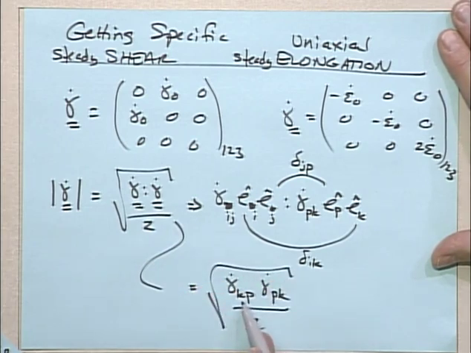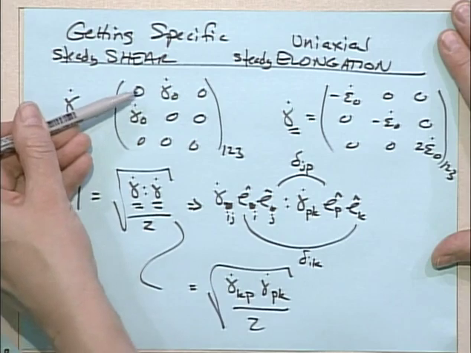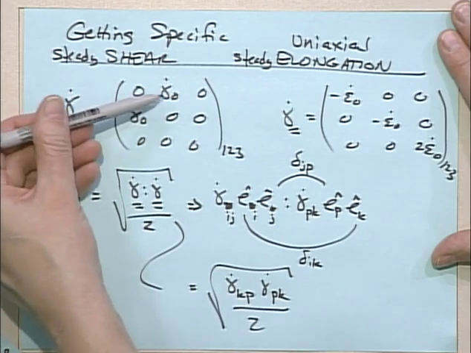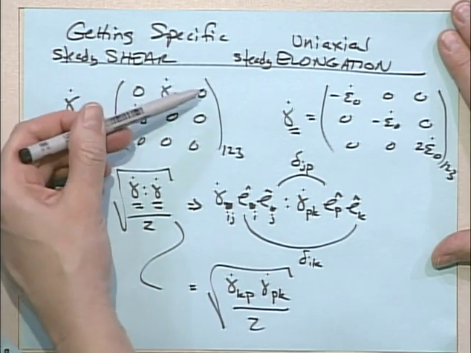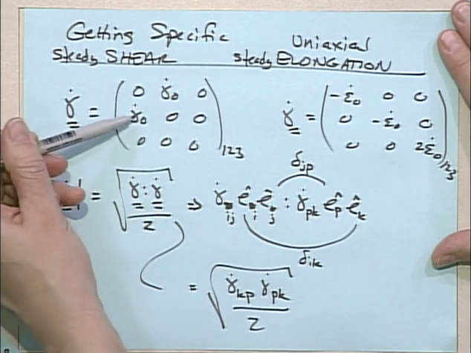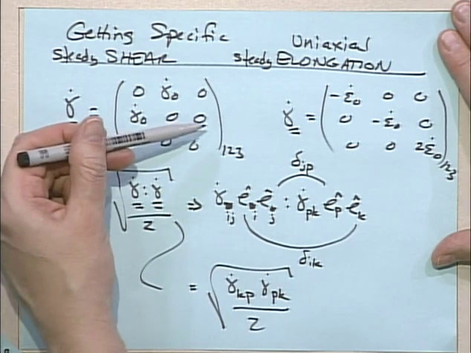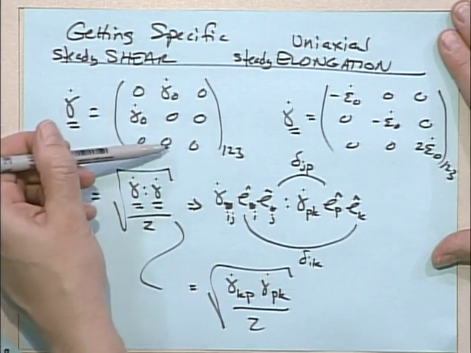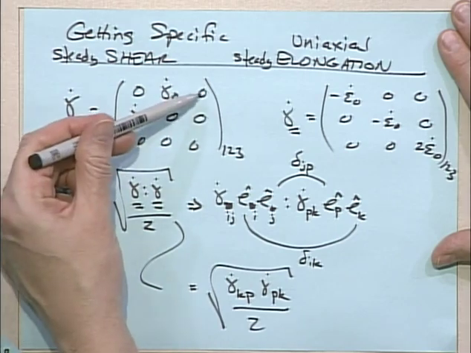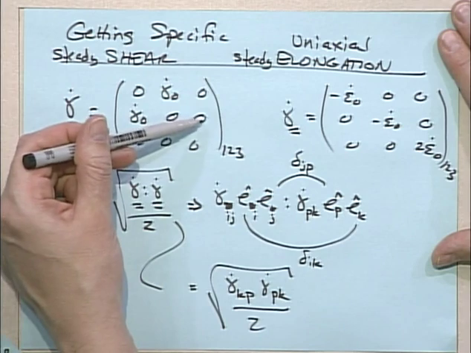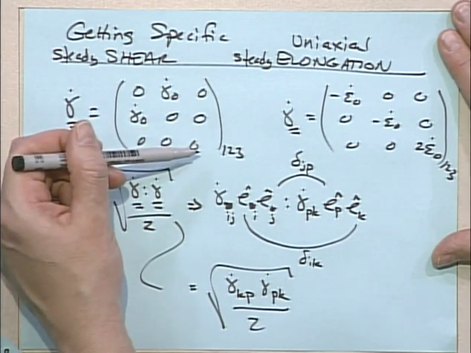So what does this say? It says multiply gamma dot kp times pk. So 1,1 times 1,1. 1,2 times 2,1. 1,3 times 3,1. 2,1 times 1,2. 2,2 times 2,2. 2,3 times 3,2. 3,1 times 1,3. 3,2 times 2,3. 3,3 times 3,3.